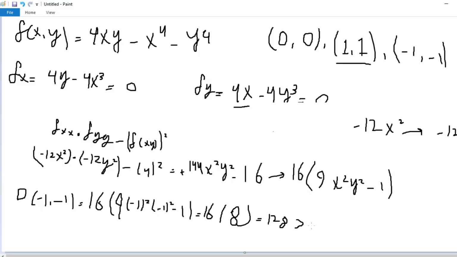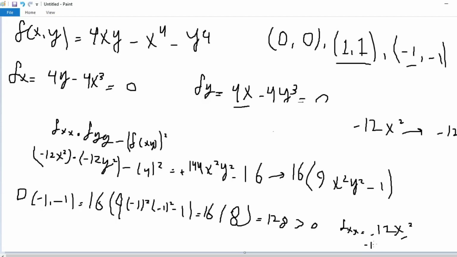So 128 is bigger than 0, so we need to find the f double x. The f double x is negative 12x squared, and the value of x here is negative 1. So let's insert negative 1 for x.